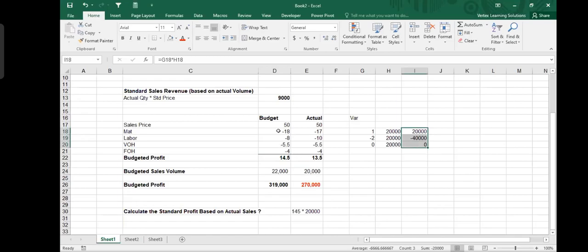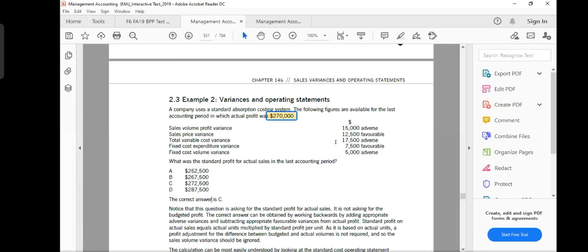Either in the question, they tell me individual prices, or they can tell me the total variances. In the data, they gave you the total variance. If you pay attention, you said that this is how much my profit should have been. If you come back here, they did not give you individual data. They tell you that there is a variable cost variance total 17,500 adverse.